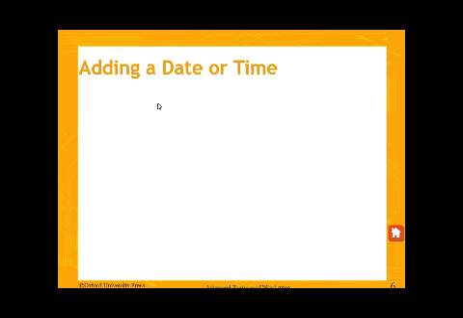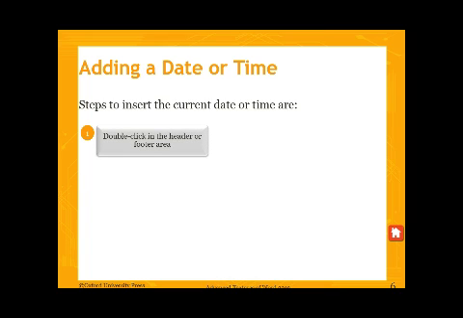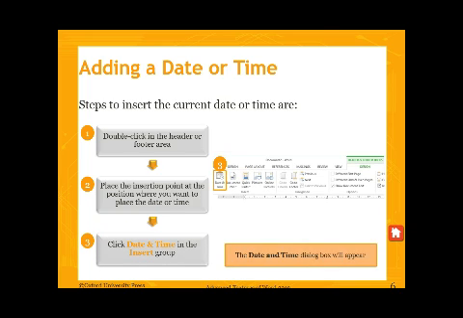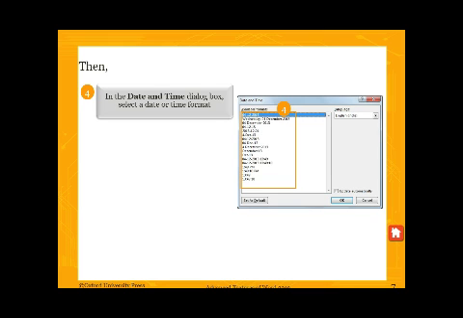Now let's understand about adding a date or time in header or footer. Steps to insert the current date or time are: double click in the header or footer area. Place the insertion point at the position where you want to place the date or time. Click Date and Time in the Insert group. The Date and Time dialog box will appear. In the Date and Time dialog box, select a date or time format.